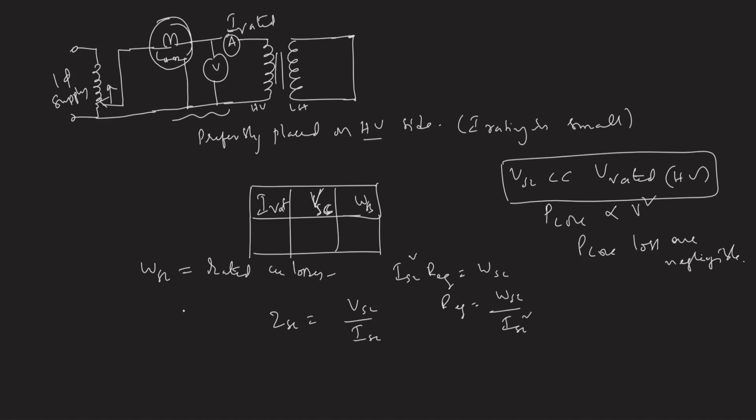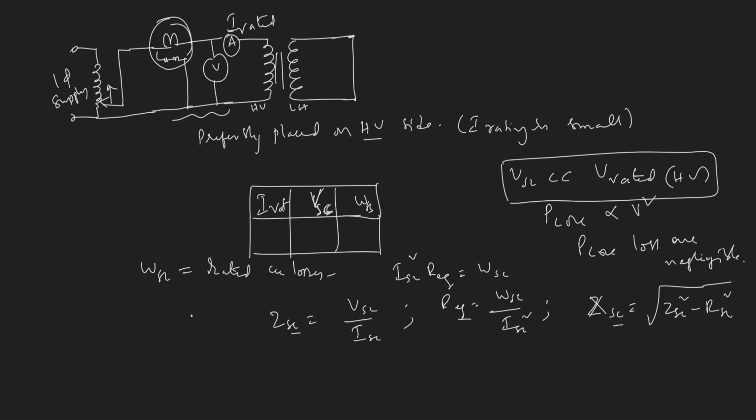ISC or I rated, whatever it may be, gives me ZSC. So from these two calculations I can find XSC equals root over ZSC square minus RSC square. ZSC and RSC are equivalent impedance values referred onto the HV side.